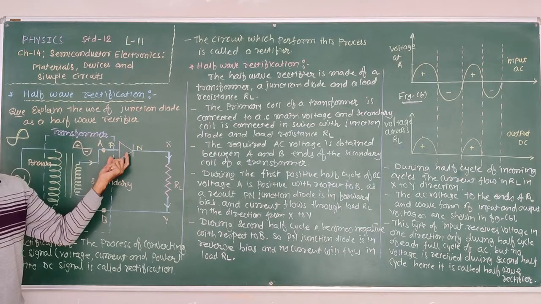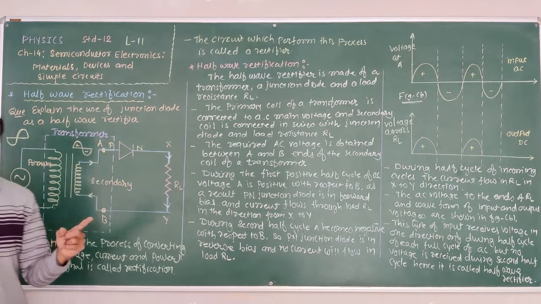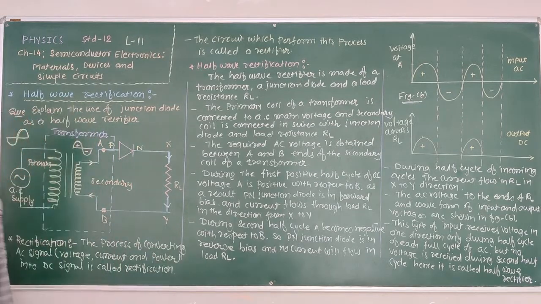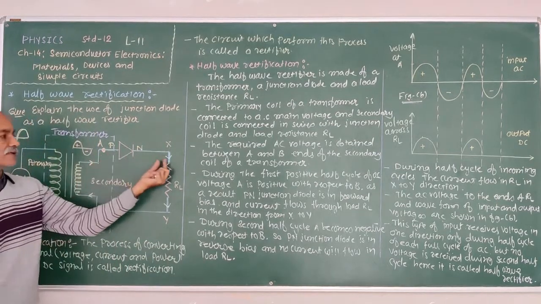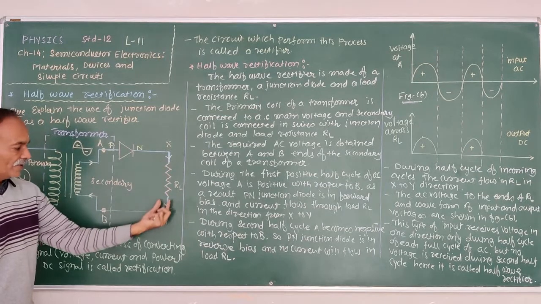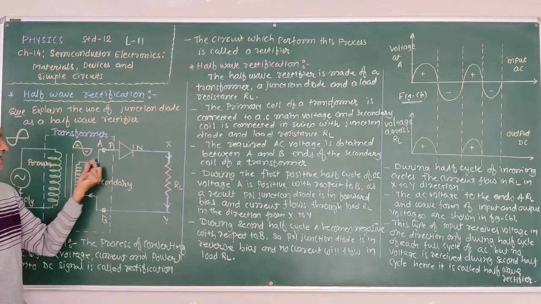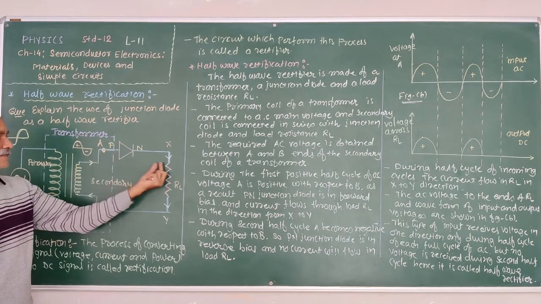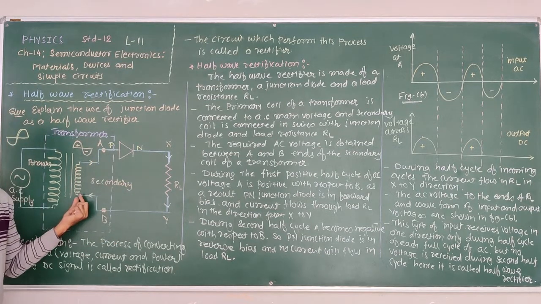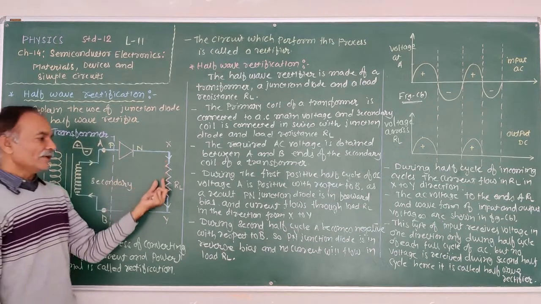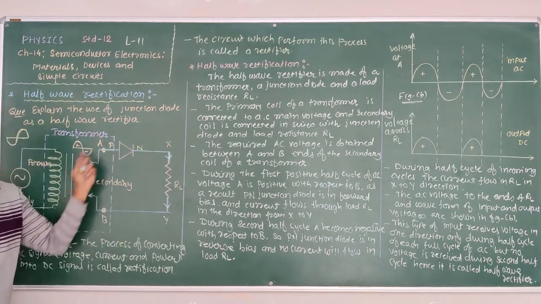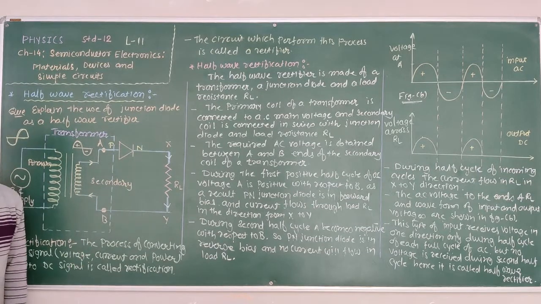During the forward bias, the electric current flows through the PN junction diode due to the majority charge carriers. Therefore, the current flows through the PN junction diode and the low resistance RL. This is the direction the current is flowing. Thus, the current flows through the low resistance RL in the direction from X to Y. Understand this?